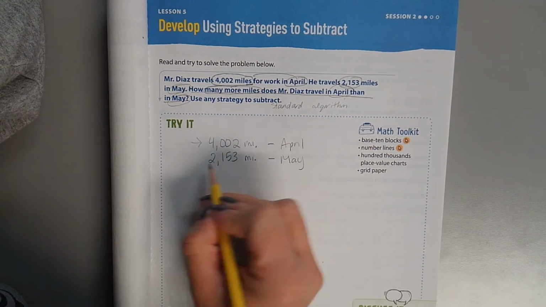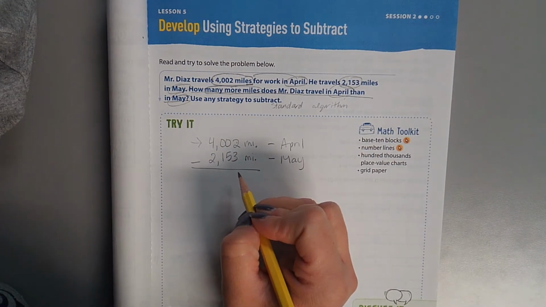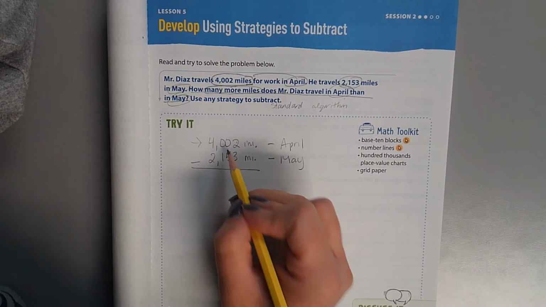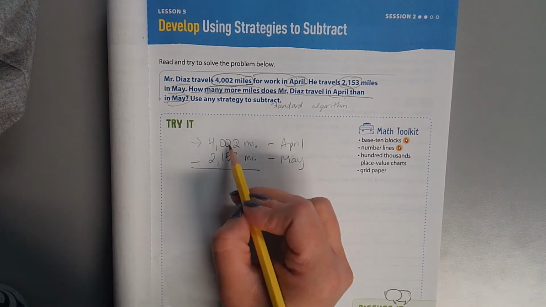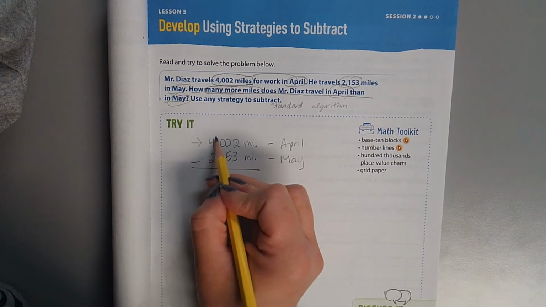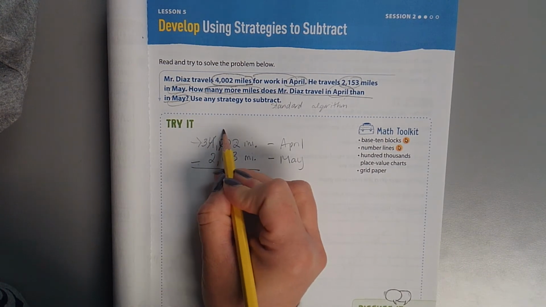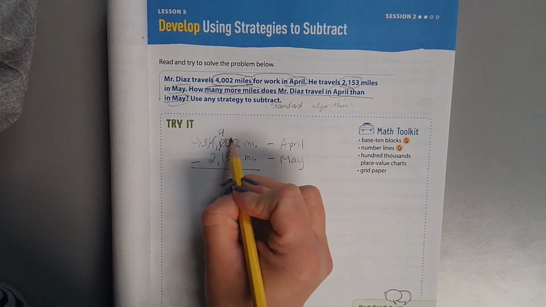It's a larger number. 2 minus 3, I cannot subtract that. If I have 2 cookies, I cannot eat 3 cookies, so I have to borrow. I can't borrow from 0 cookies. I can't borrow from 0. I can borrow from 4, making this 3, 10. Then I have to borrow again, making this 9, 10.